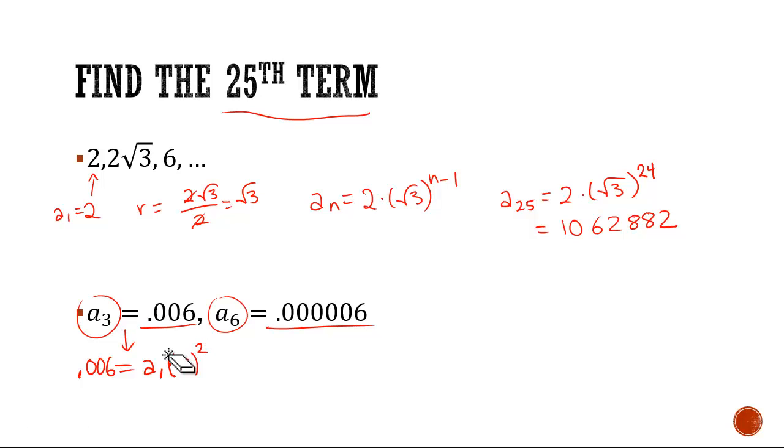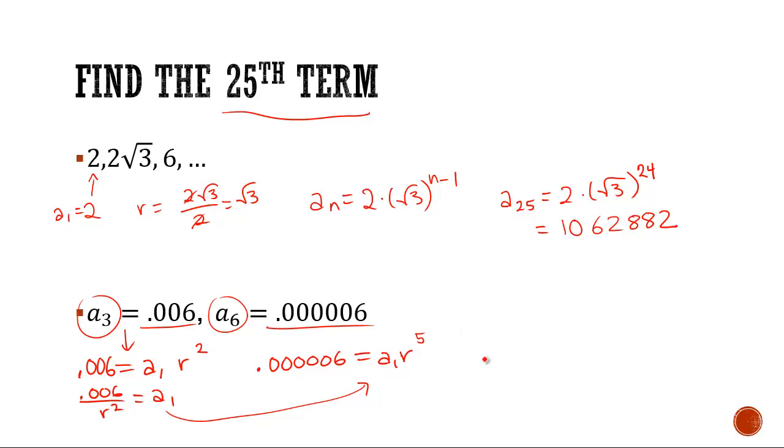So it's A1 times R squared, and this other one is 0.000006, and that's A1 times R to the power of 5. So we could solve this one for A1, for example. That'll be 0.006 over R squared, and plug it in by substitution to the A1 there.